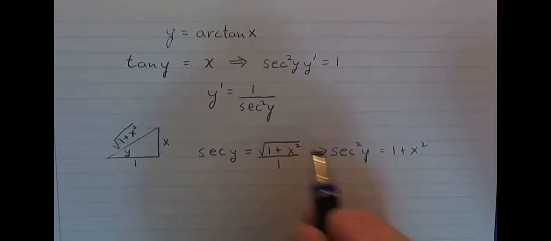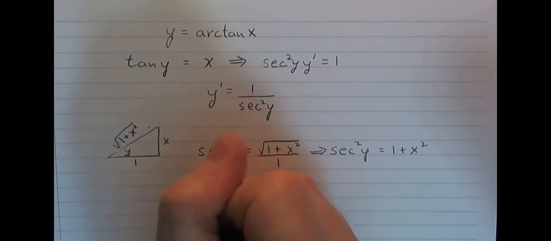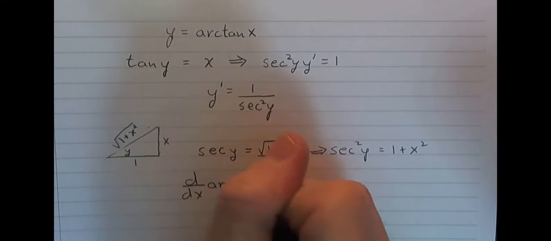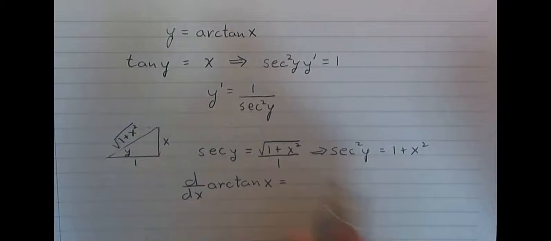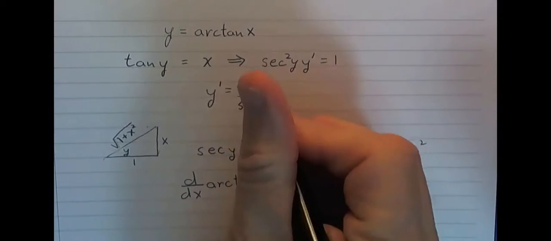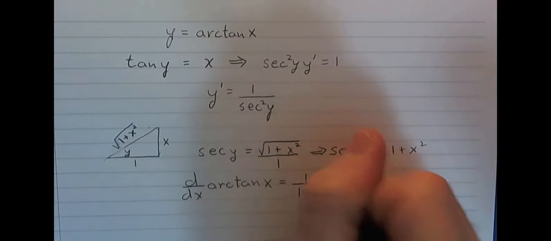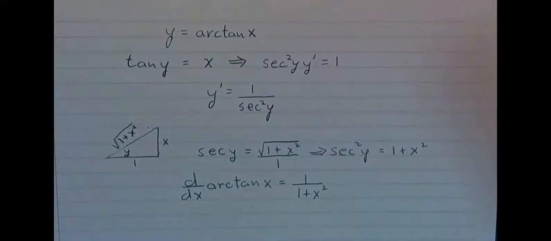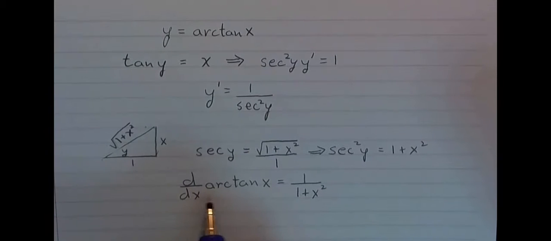So we know that the derivative of arctan is going to be 1 over this right here, but this is 1 plus x squared. So we've developed the derivative of arctan.